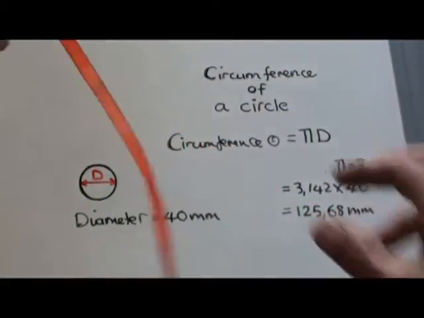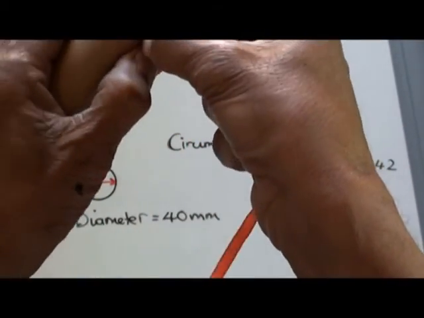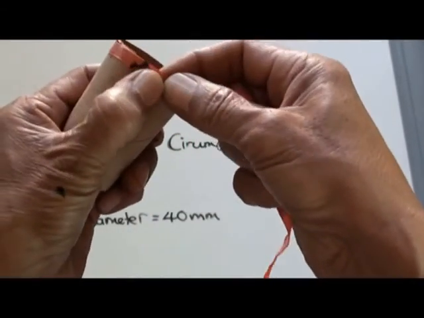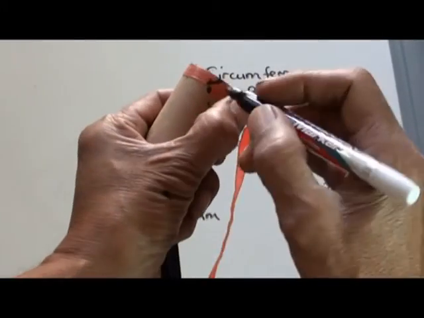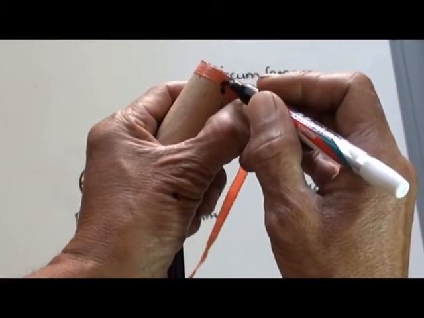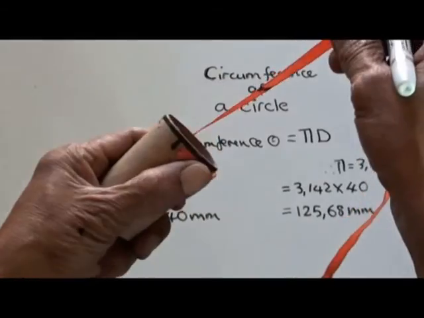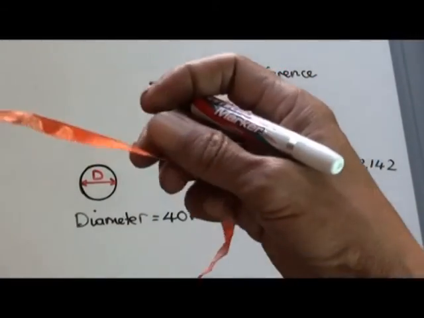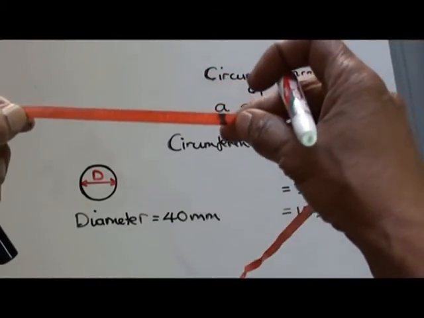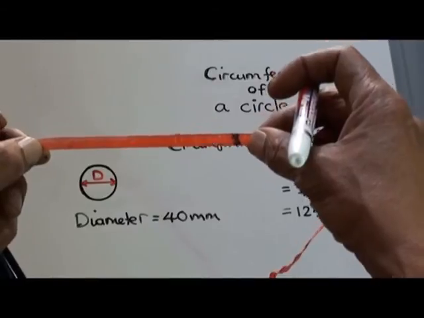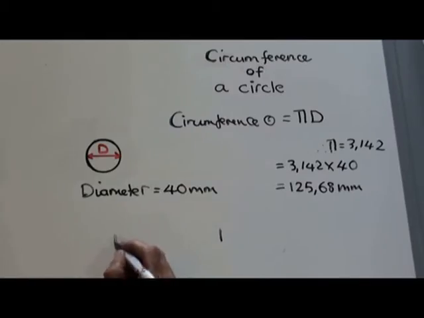I'm going to keep it tight. And now I make another mark on the string. That is the distance around the cylinder.